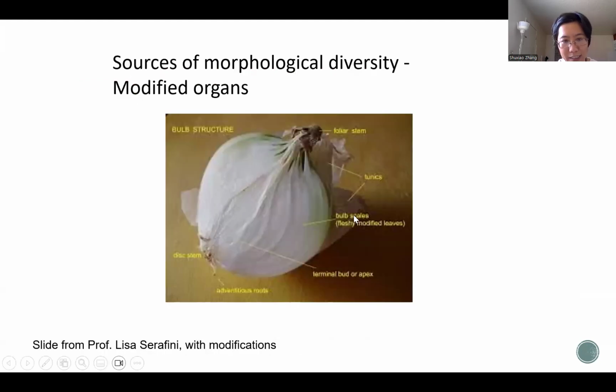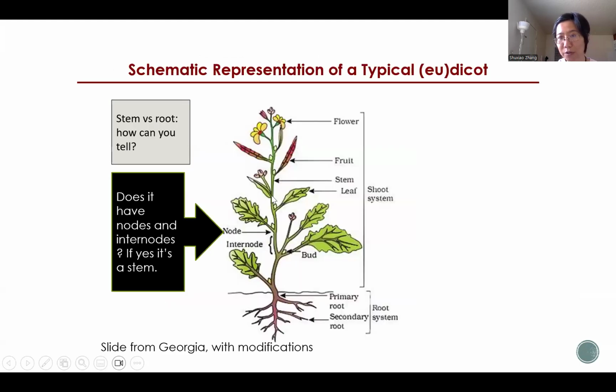So in this case, if you trace each leaf all the way to the bottom and look at this in higher magnification or better quality photo, you can see each leaf is attached to this thing at the base. And remember, where each leaf attaches, that's a node. So once you have nodes, that means there's probably internode in between, even if they might be compressed and tiny. And if you have nodes, that means you're looking at the stem.